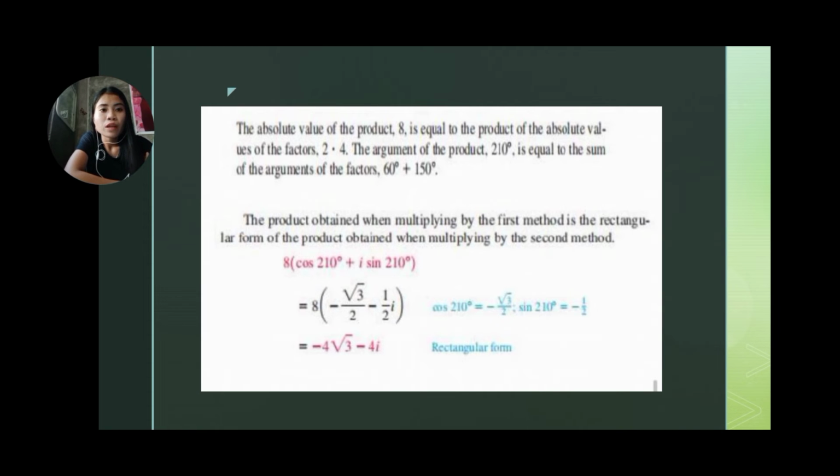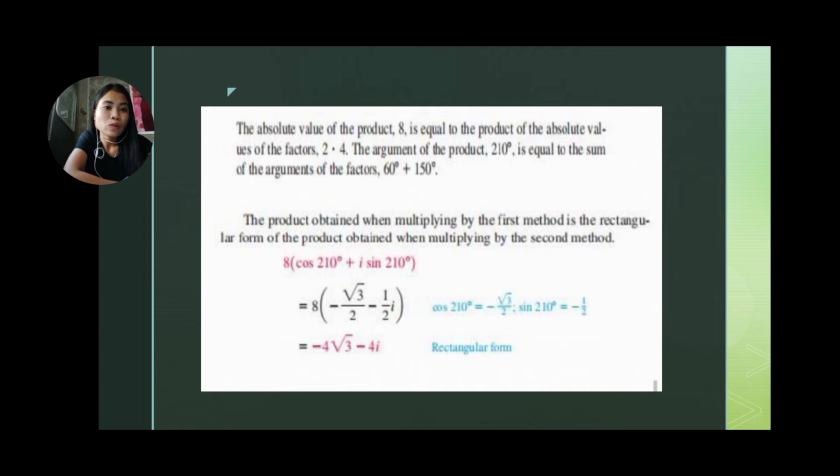The product obtained when multiplying by the first method is the rectangular form of the product obtained when multiplying by the second method. So 8 cos 210 degrees plus i sin 210 degrees is equal to 8 times the quantity of the trigonometric value of cos 210 degrees, which is negative square root of 3 over 2, plus i sin 210 degrees.